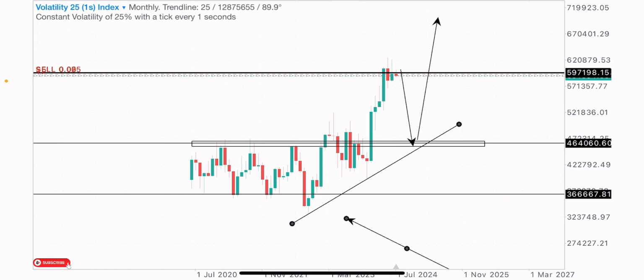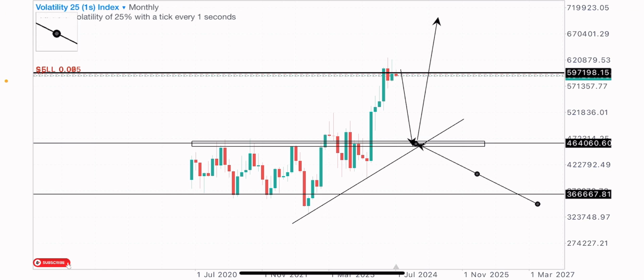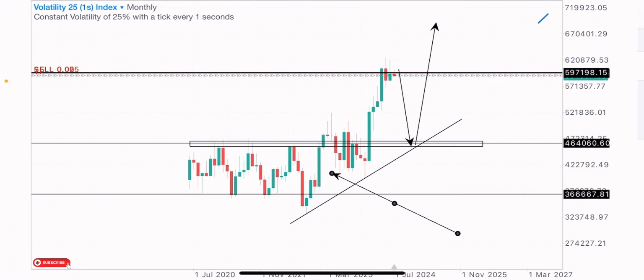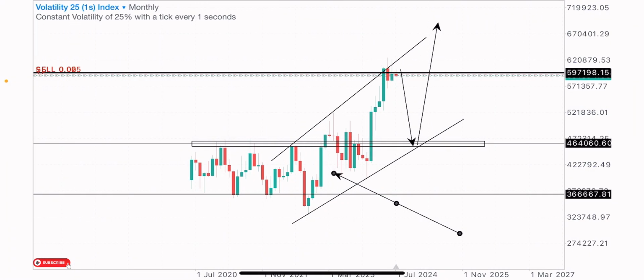So this is our trend support, which I'm expecting the market to sell to, as well as our horizontal level of resistance that got broken, now turned support automatically. So a move to the downside is expected.